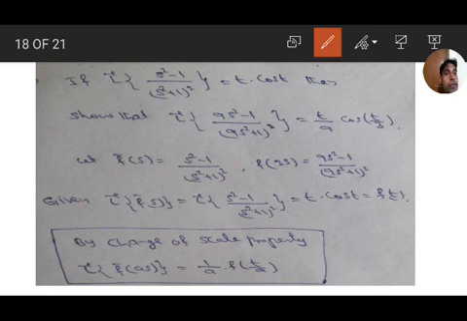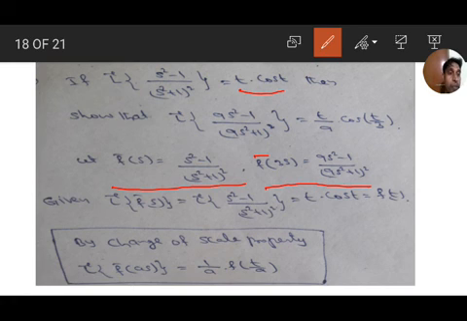Here f bar s is given, and we need to find the inverse Laplace transform of f bar of 3s. The inverse Laplace transform of f bar s is t into cos t. Since it is in the form f bar of as, we use the change of scale property.